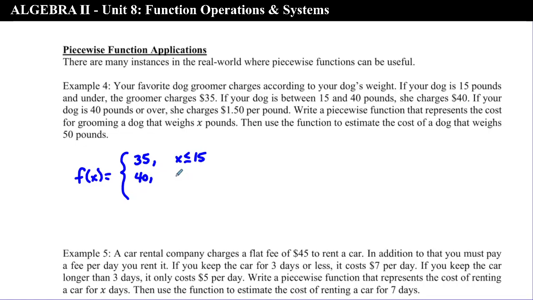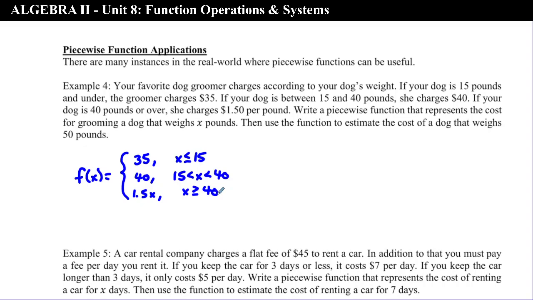That's when x is between 15 and 40. Then she charges $1.50 per pound. So 1.5 times the dog's weight, which is x, when the dog is greater than or equal to 40 pounds.